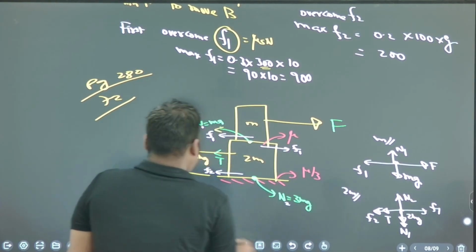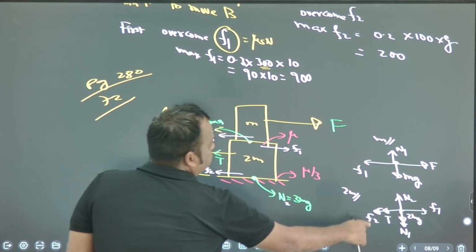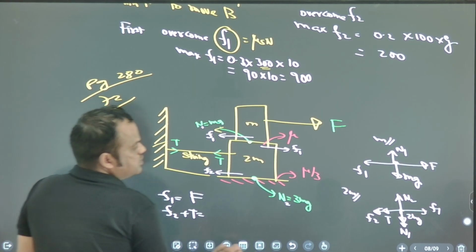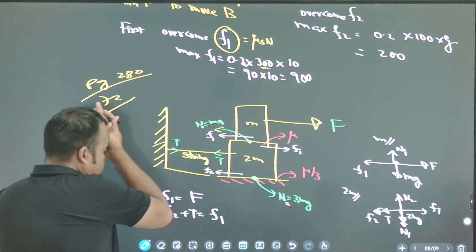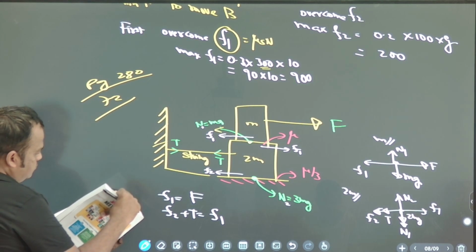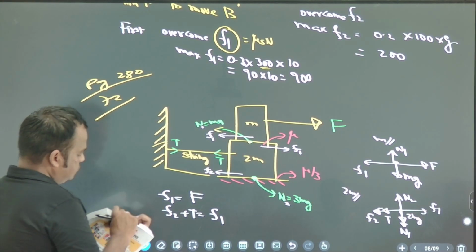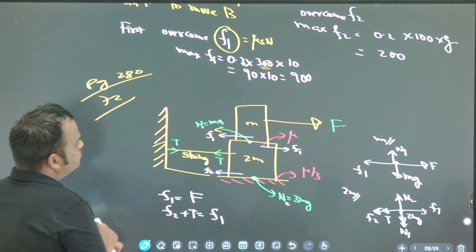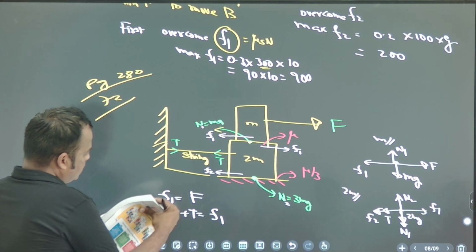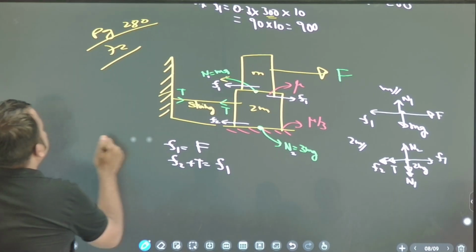Now balance. So what is F1? F, and F2 plus T is equal to F1. Okay, one by one we have to go. What is the first option saying?